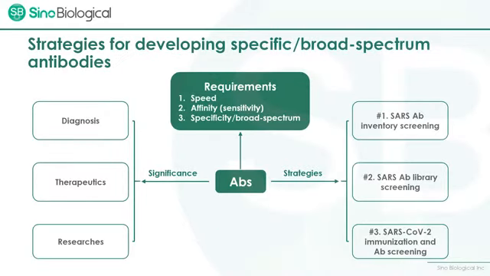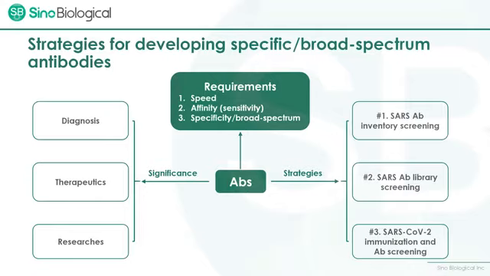Because there is a very high sequence homology between SARS and SARS-CoV-2, the first strategy is testing the original SARS antibodies and SARS antibody libraries to see if we can find some antibodies that recognize SARS-CoV-2.